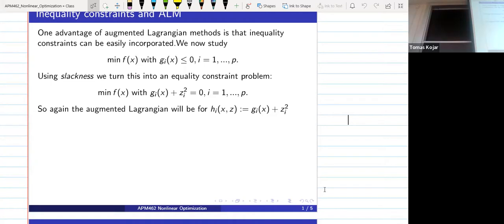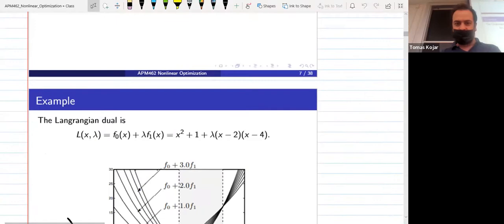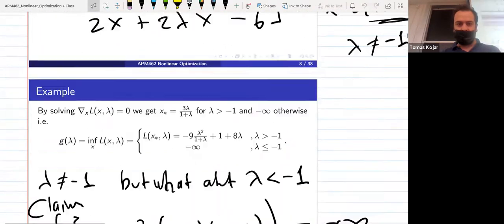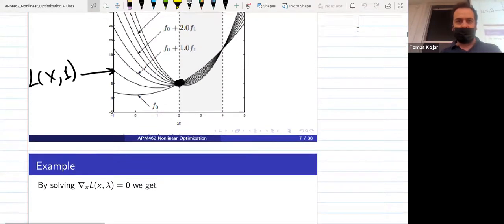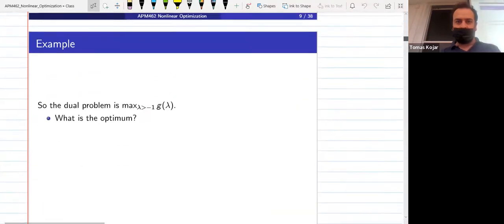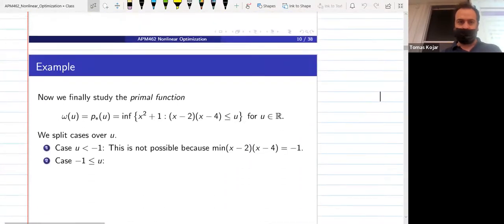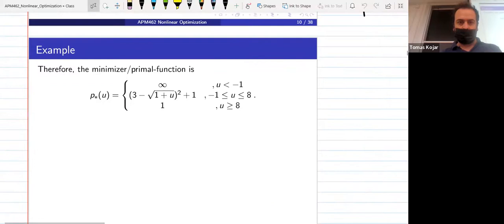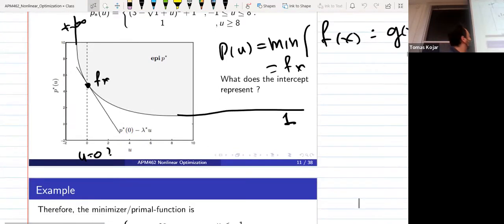Like the simplex method, I was talking to you about last time. You remember that picture from the dual. In the simplex method, what did you do?